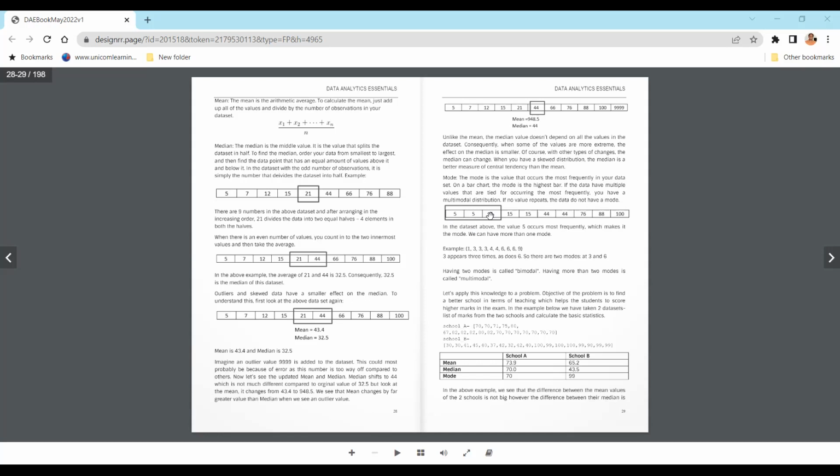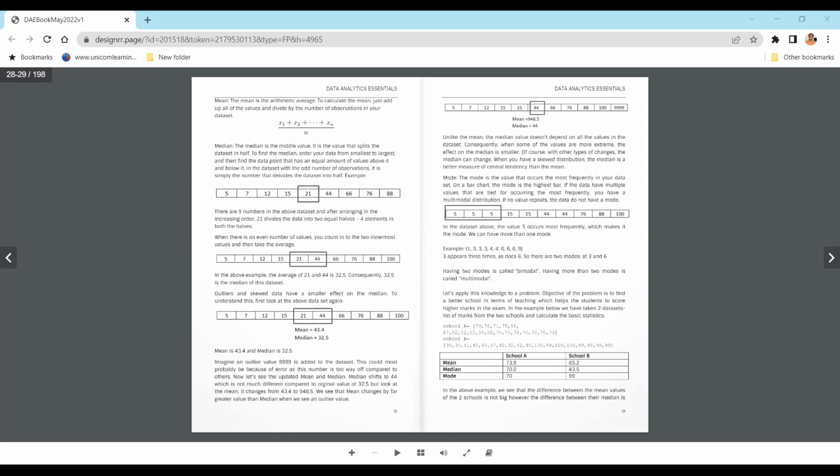Now, when you have continuous values, like the telephone bill, we had decimal values, a lot of values, right? So in that case, we take a range, okay? Do you remember, in the last example that we did, what could have been the mode? 0 to 15.